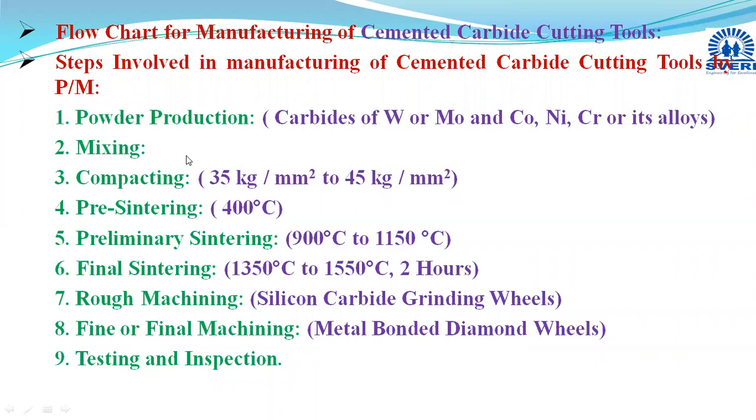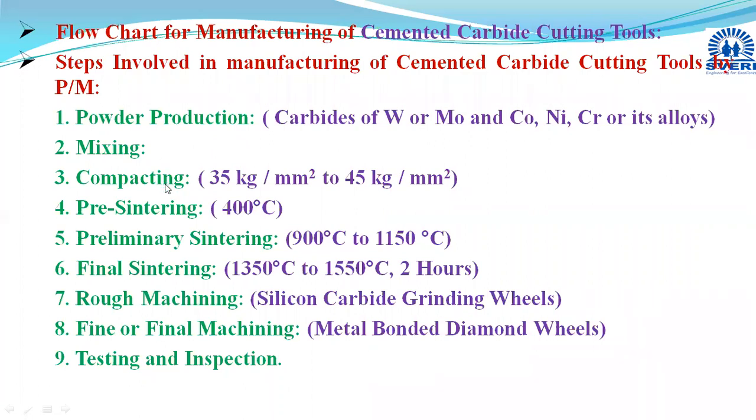These three lubricants are added in this mixing stage. That will help us in the compacting process, and we will obtain the uniform and homogeneous mixture with the help of suitable mixers or blenders.